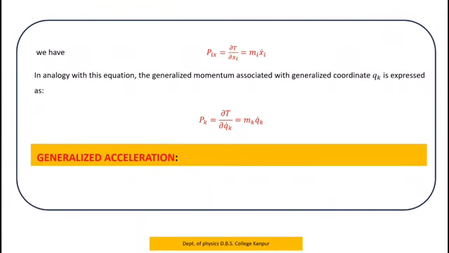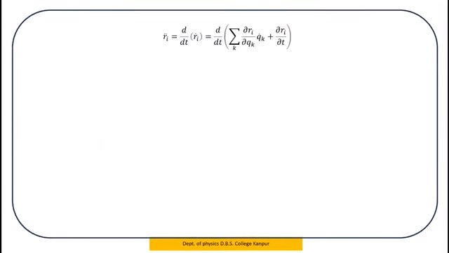Next is generalized acceleration. Differentiating generalized velocity with respect to time, we get ri double dot, which is equal to d by dt of ri dot.